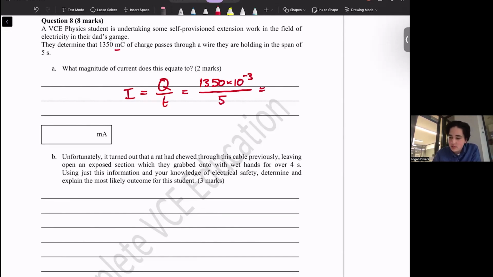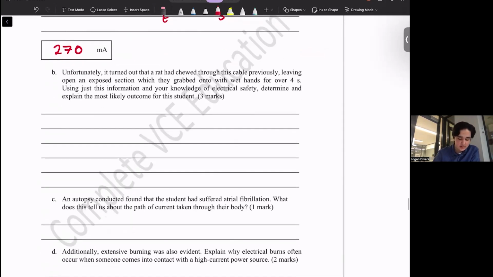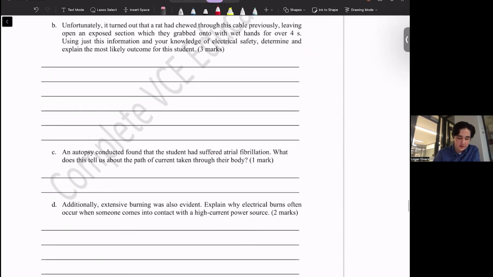That is going to equal 270 milliamps. Ooh, that seems a bit dangerous. Those who remember from about maybe half an hour or something ago when we were talking about deadly amperages. So, that's that, 1 mark question.